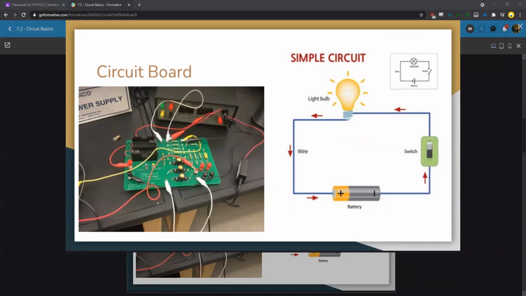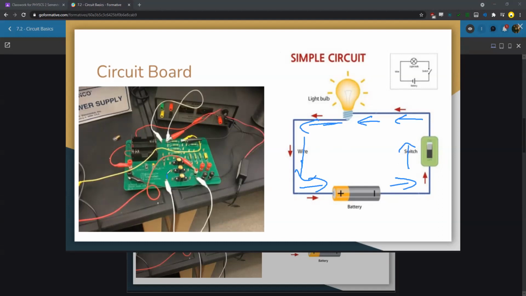Let's take a look at the right-hand side. So this is a circuit, a very simple circuit that allows electrons to flow through the wire.